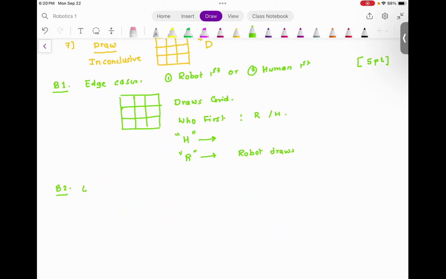Second edge case: edge case 1, edge case 2, is the human starts and the human draws at 2 locations.